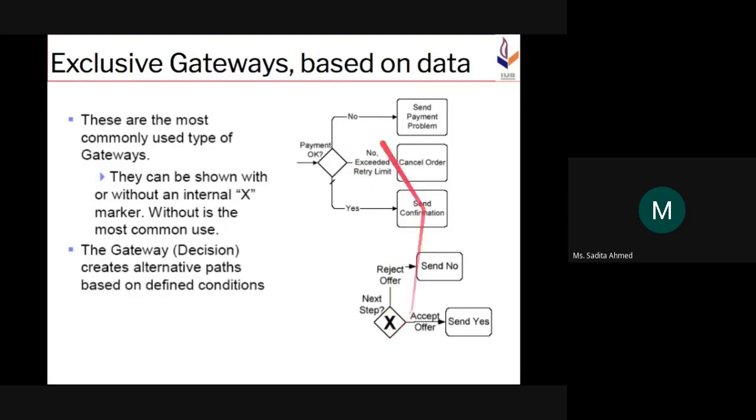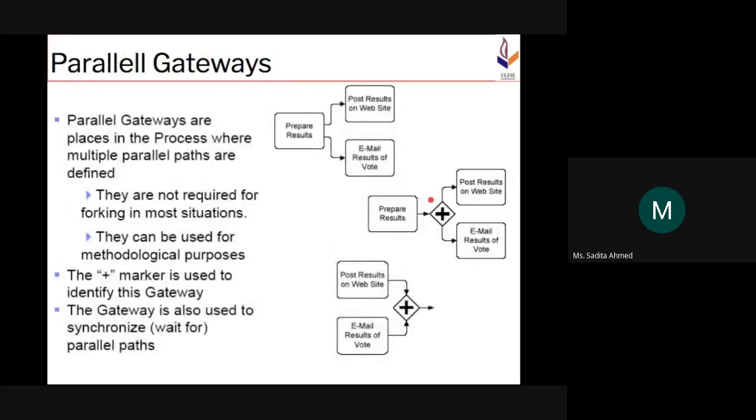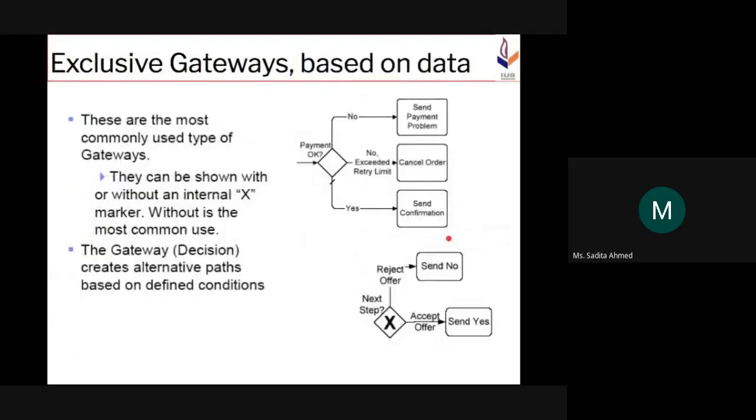If the marker resembles an end event, it's an inclusive gateway. If the marker resembles a plus symbol, that's a parallel gateway. If there is no marker, it's an exclusive data-based gateway, and if there is an X marker, it's still an exclusive data-based gateway.